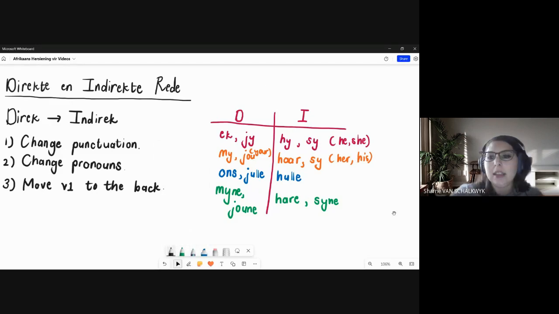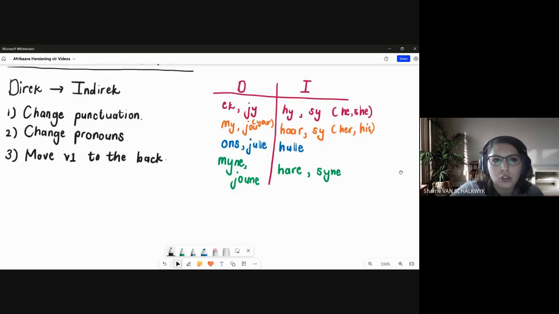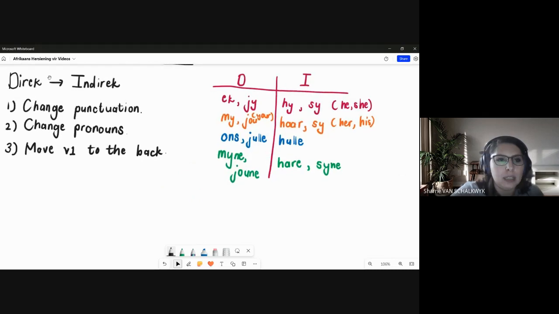So let's look at an example. Before we get into types of sentences, let me just show you what I mean here. Or I can actually go into the types of sentences while we do this. So you get a variety of types of sentences that you can have during direct speech.